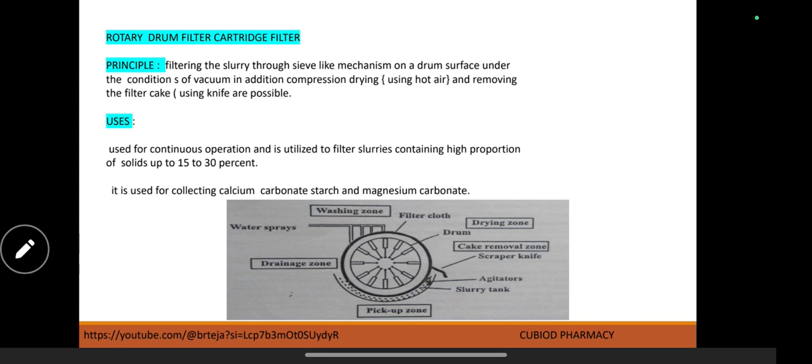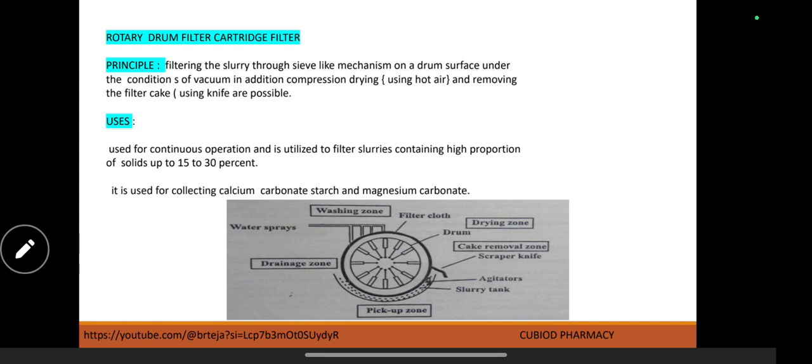Finally, rotary drum filter and cartridge filter. Principle: filtering the slurry through a sieve-like mechanism on a drum surface under vacuum; in addition, compression, drying using hot air, and removing the filter cake using a knife are possible.